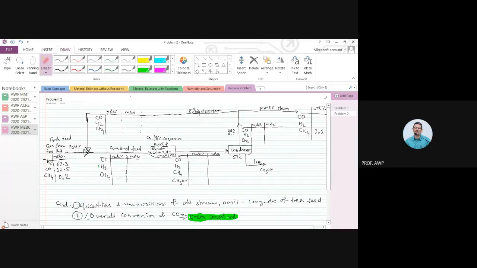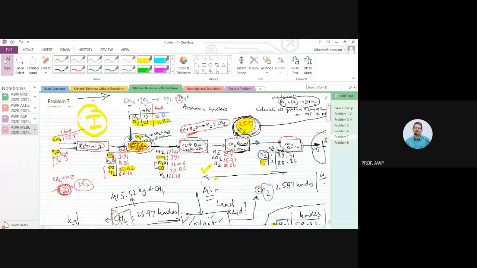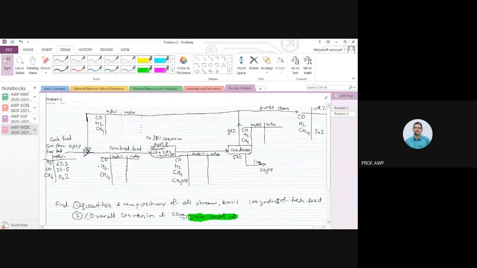Now, these recycle problems, we are going to do them this way. Just stop whatever you are doing. Let me explain a little bit, and then you can continue. Recall our ammonia kinds of problems, where we could either go from left to right, or go from right to left, and we could get nicely some answer. Here the problem is complicated because there is a recycle stream that is mixing with the fresh feed, combined feed.